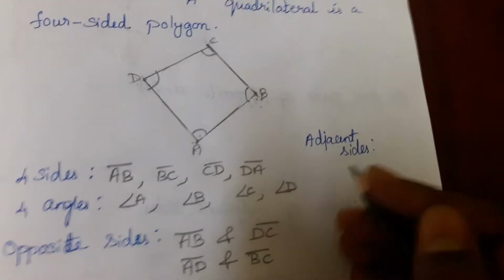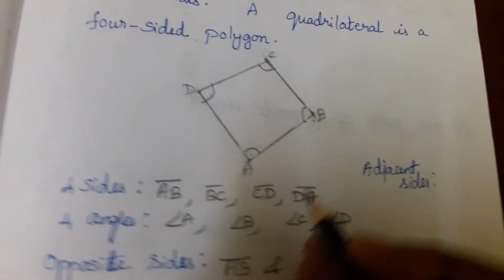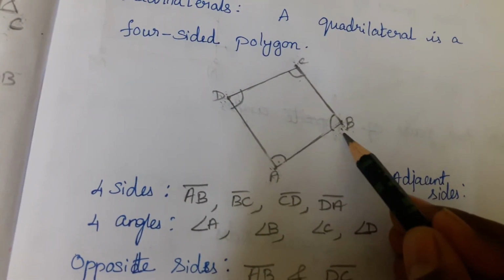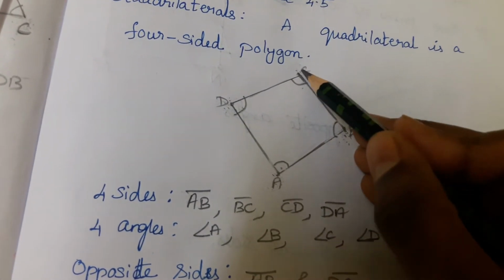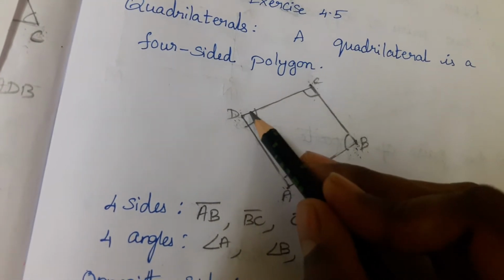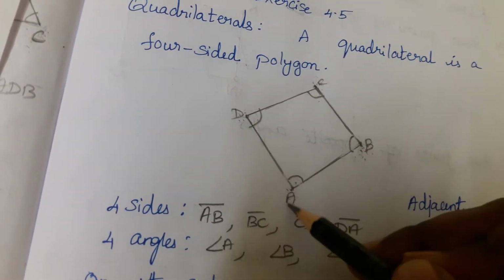Okay. Now, let's see adjacent sides. What are the adjacent sides? AB is adjacent to BC. BC is adjacent to CD. CD is adjacent to DA.